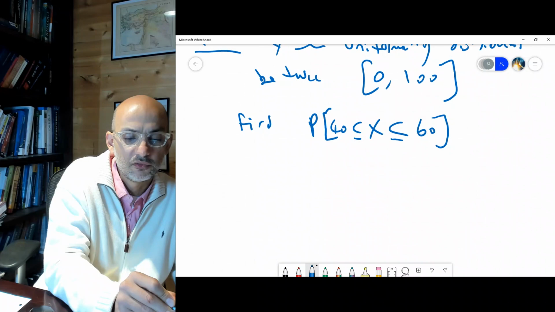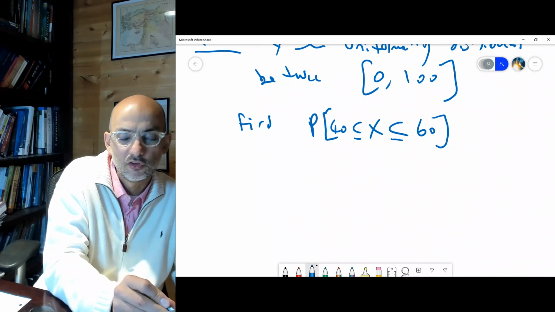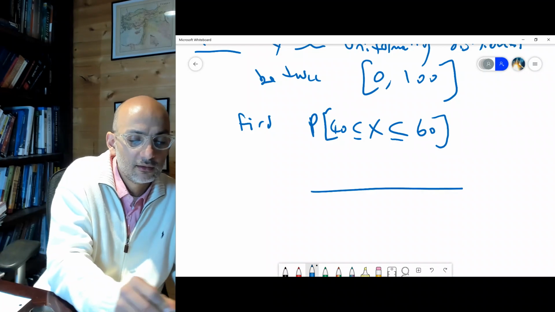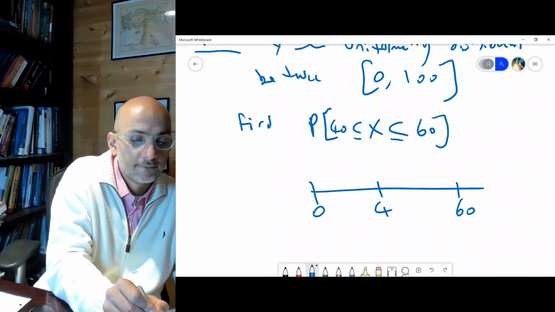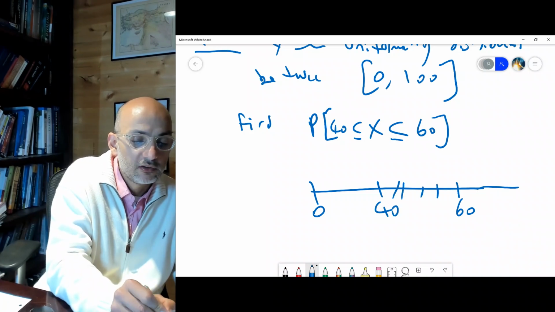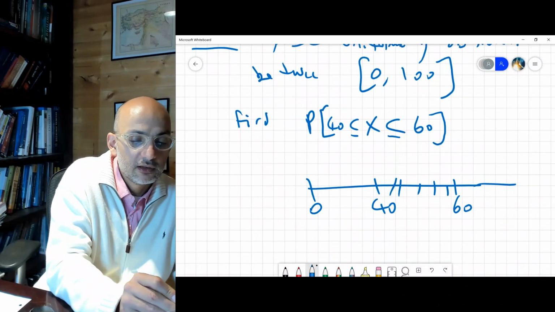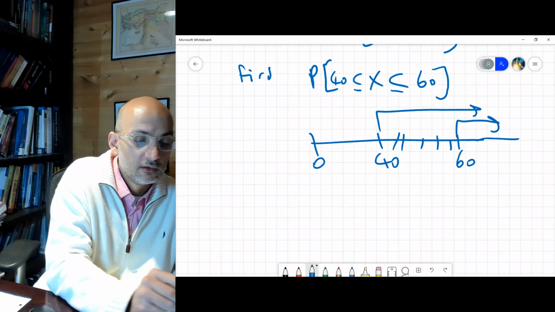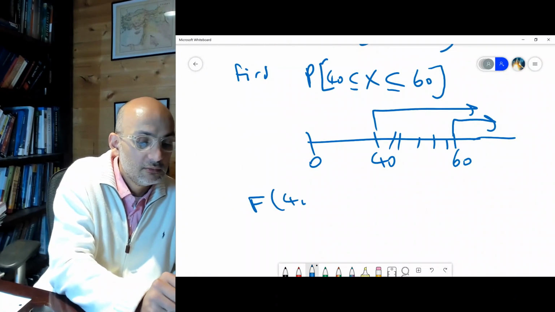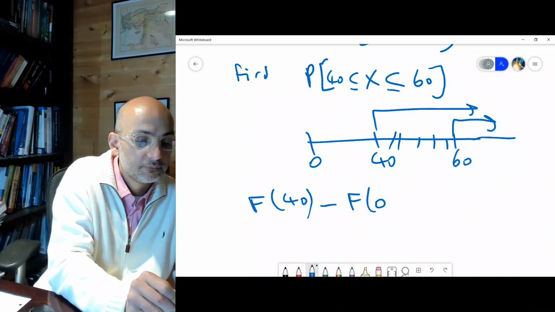This one is straightforward, right? Because it's a uniform distribution, it should be 20 over 100. But just to look at it in this picture, death occurs here, right? So easier here is to take F of X. So we take this one, subtract from it. So it will be F of 40 minus F of 60.